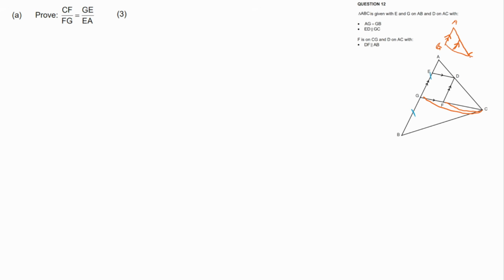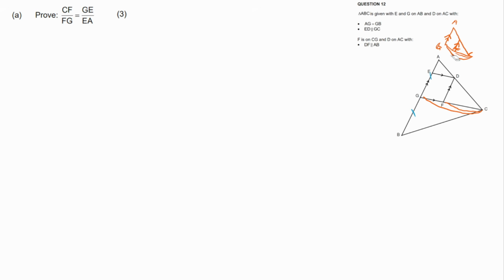So that's why I work with CF over CG, this is CF, this is an F. So CF over CG, I'm working with over there, is equal to GE over EA. That is not what we have going for us here, because let me use a different color.